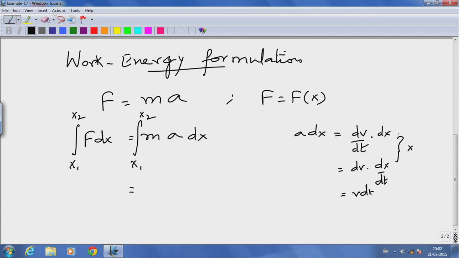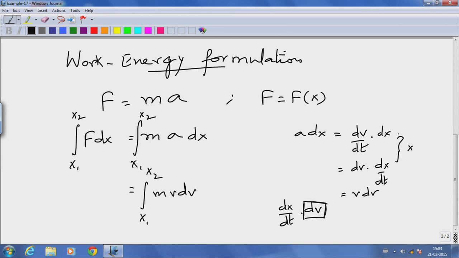So, from here we can write this as dv times dx/dt. The logic here is as follows: v dv is essentially dx/dt times dv, dv being a rate of the net change in the velocity over some change in the independent coordinate.